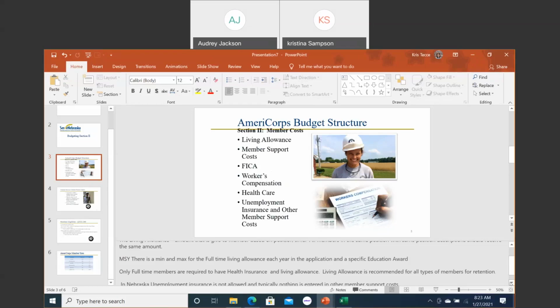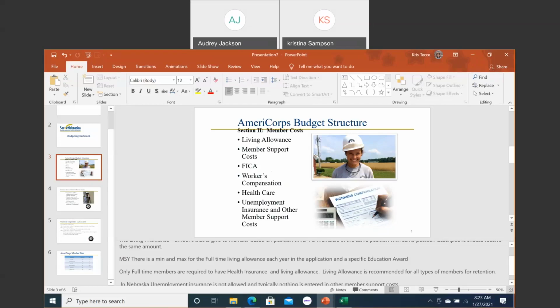For less than full-time members, you can set a minimum, you can set the living allowance that works for you. Again, you want to look at what is the amount that will allow you to recruit and retain the appropriate members. In terms of health insurance, only full-time members are required to have health insurance.